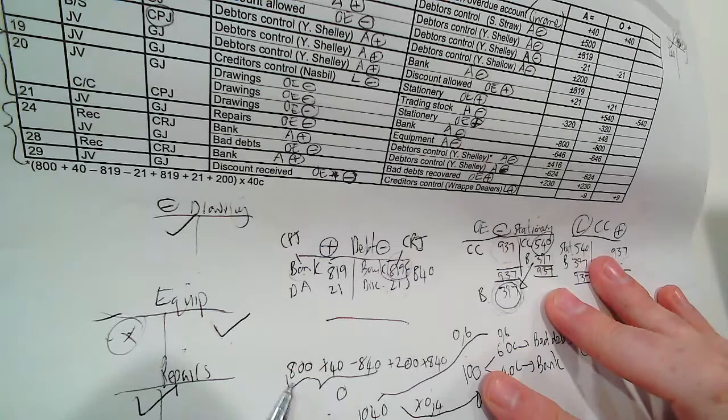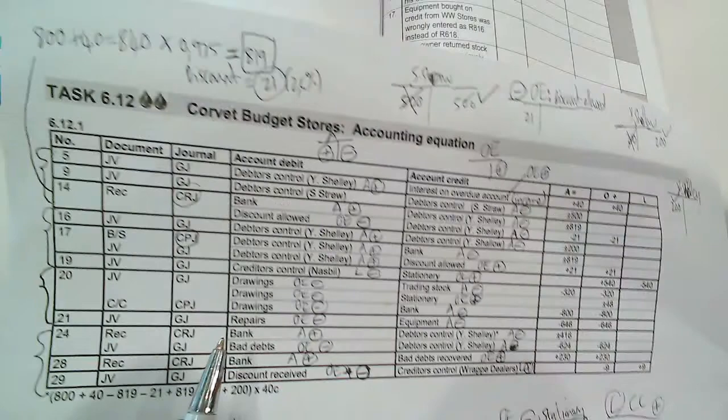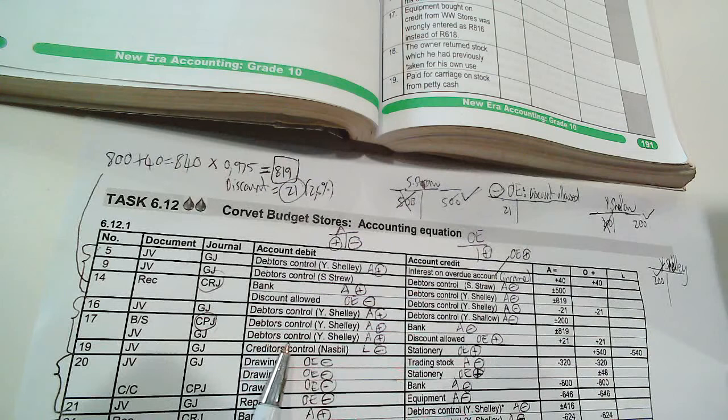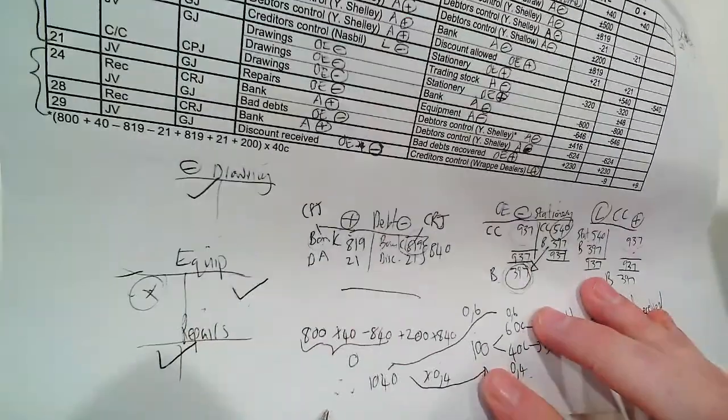So we've got 840 that she owed. Then on the 17th, that 840 was paid back, and so the 840 becomes 0.